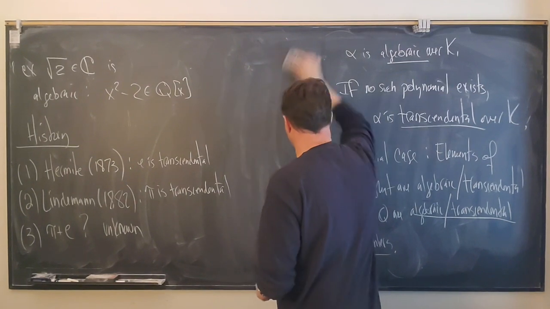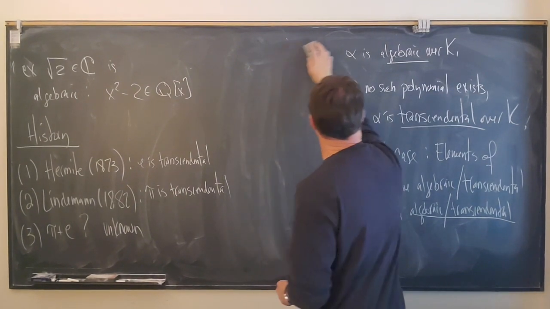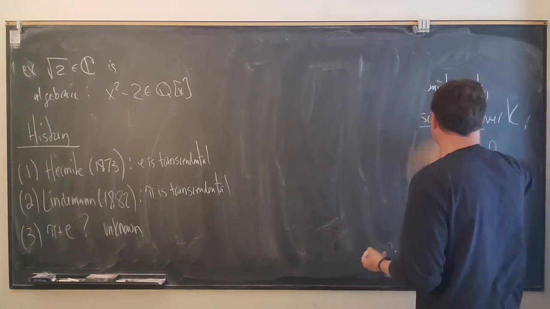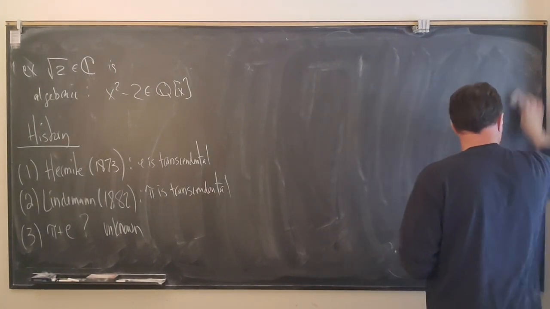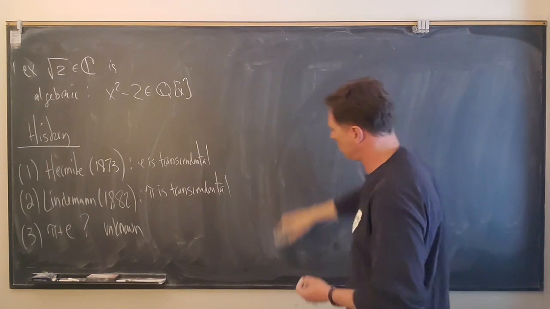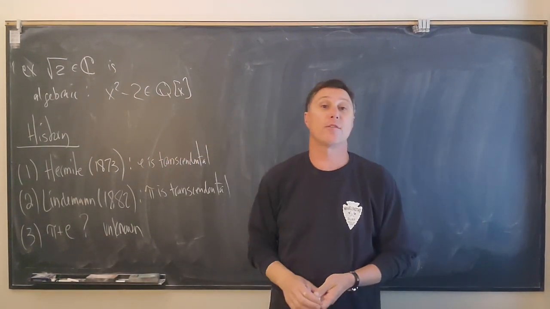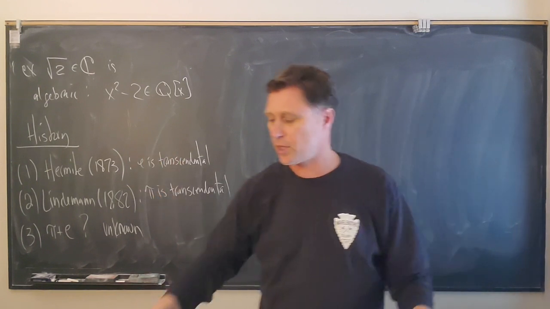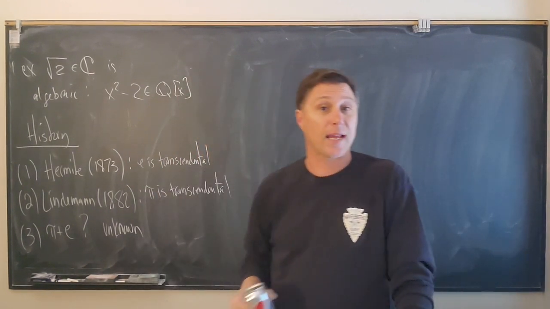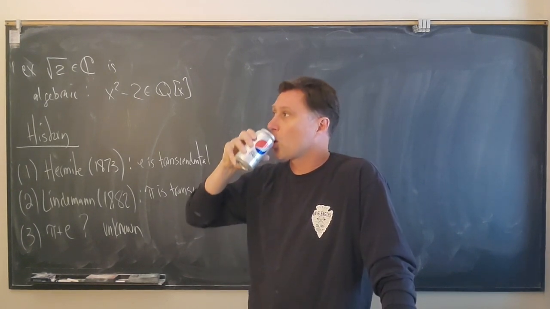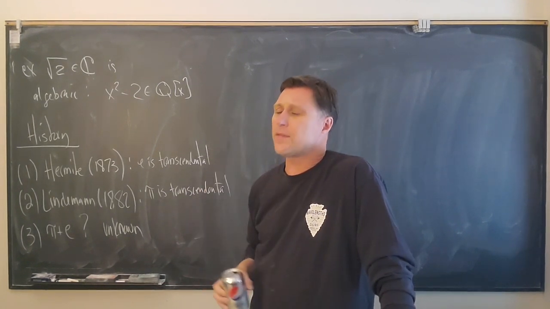You may or may not have heard of Hilbert's problems. David Hilbert was probably the greatest mathematician of his time. Back in 1900, he gave an address in front of all of the great mathematicians of that time, at the International Congress of Mathematicians.